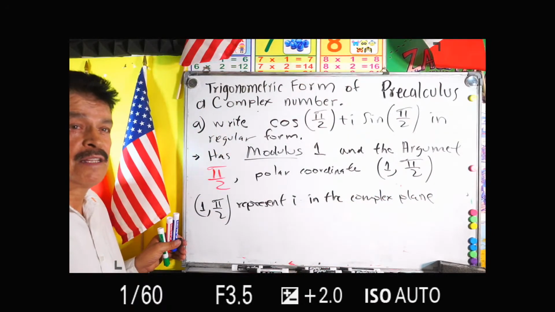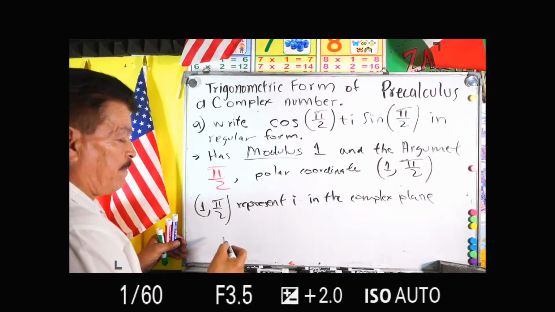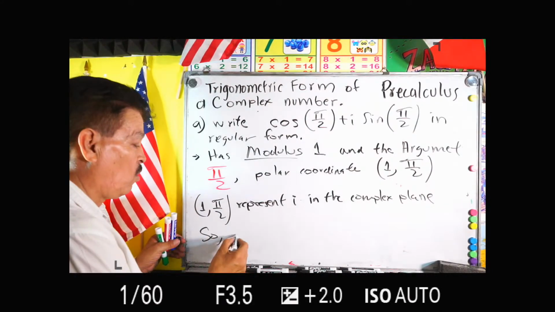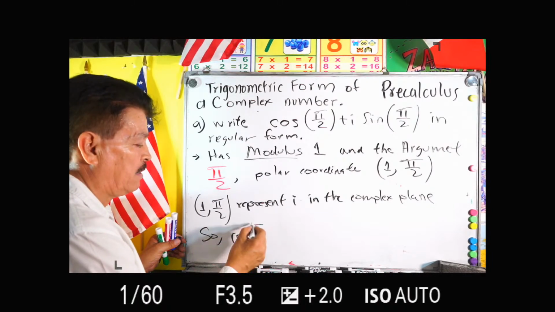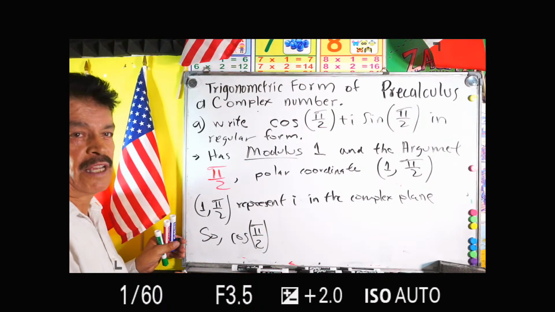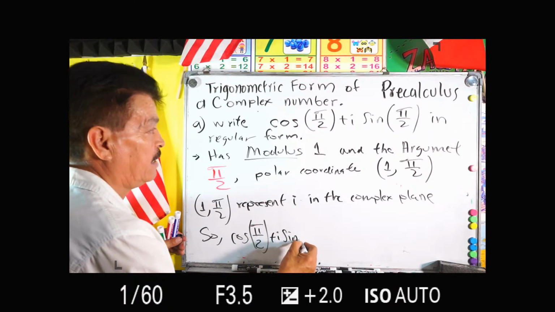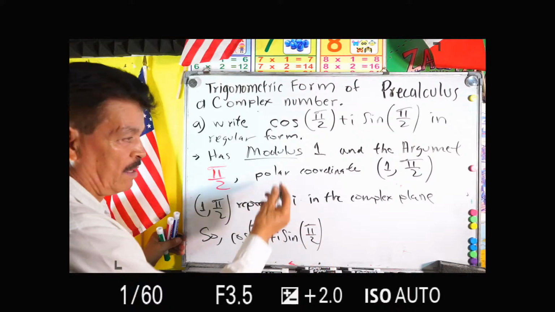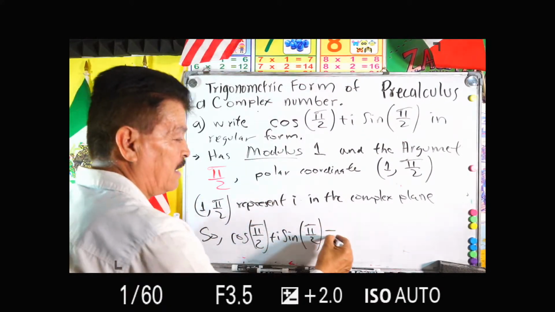As a conclusion, cosine of pi divided by 2 plus imaginary sine of pi divided by 2, as I showed you in the graph, is imaginary.